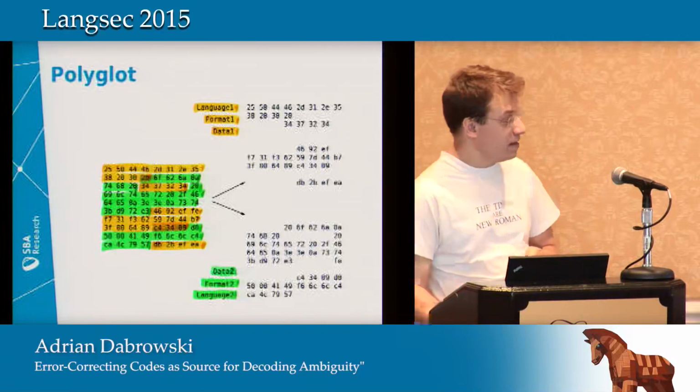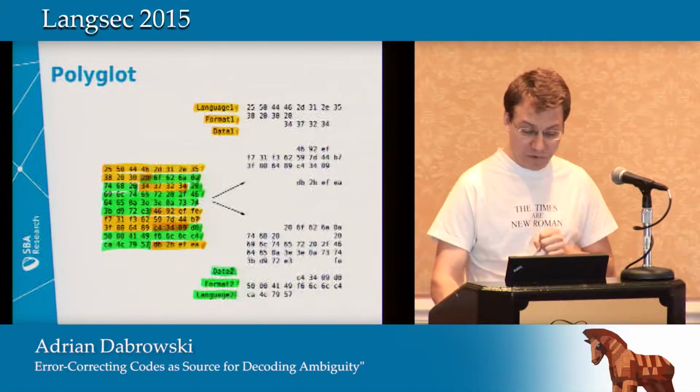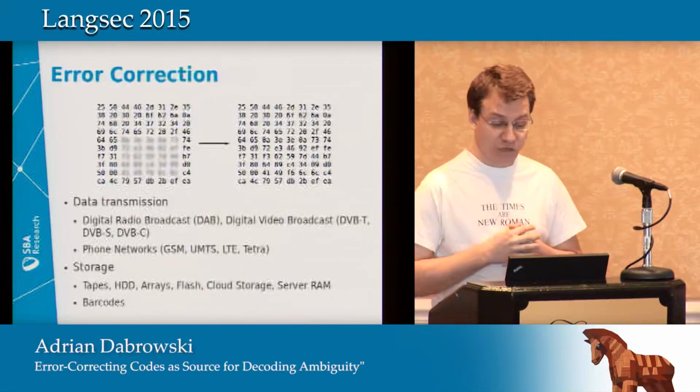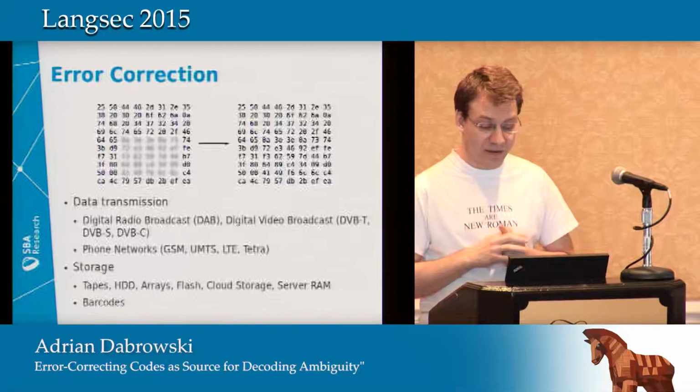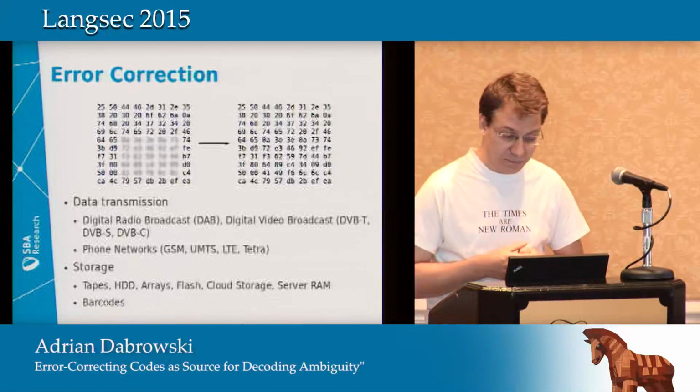The other thing I mentioned briefly before, one of these machines could be an error correcting machine. An error correcting machine is something that is heavily used, for example, in data transmission or in storage.